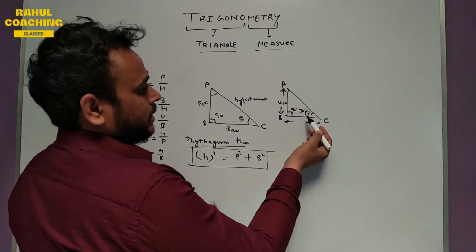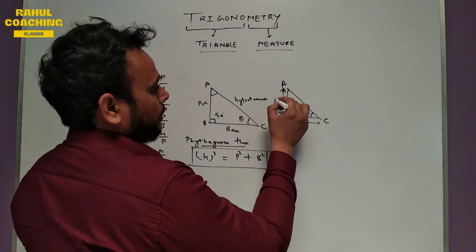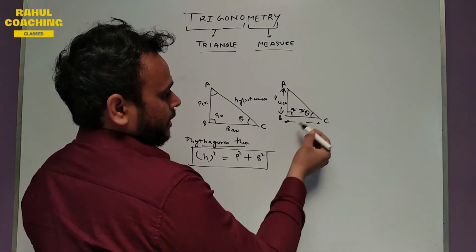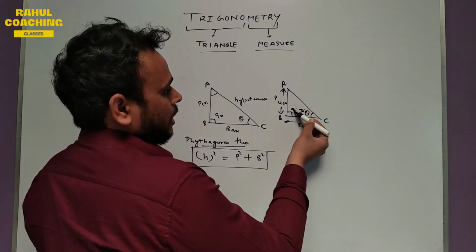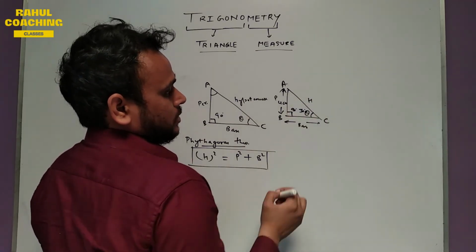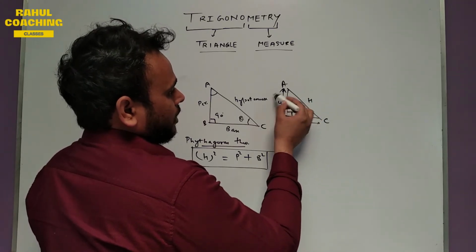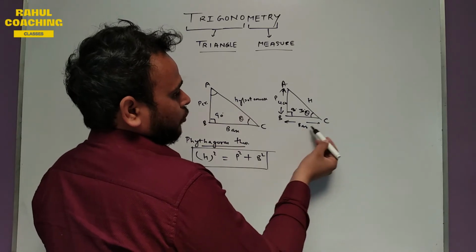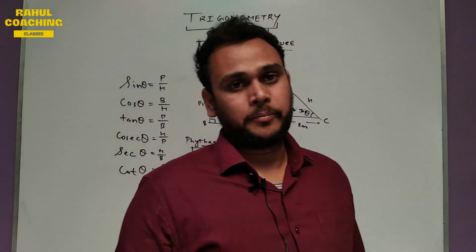You can see that the side opposite to this angle is the perpendicular, the side nearest to this angle is the base, and the side opposite to 90 degrees is the hypotenuse. You have the perpendicular as 4 centimeters, you have to find the value of the base, and you are given angle theta equals 30 degrees.